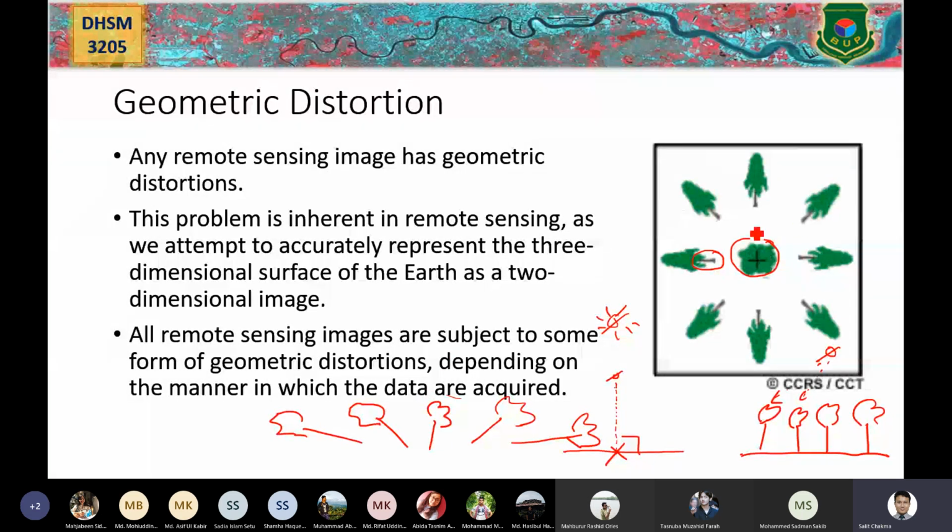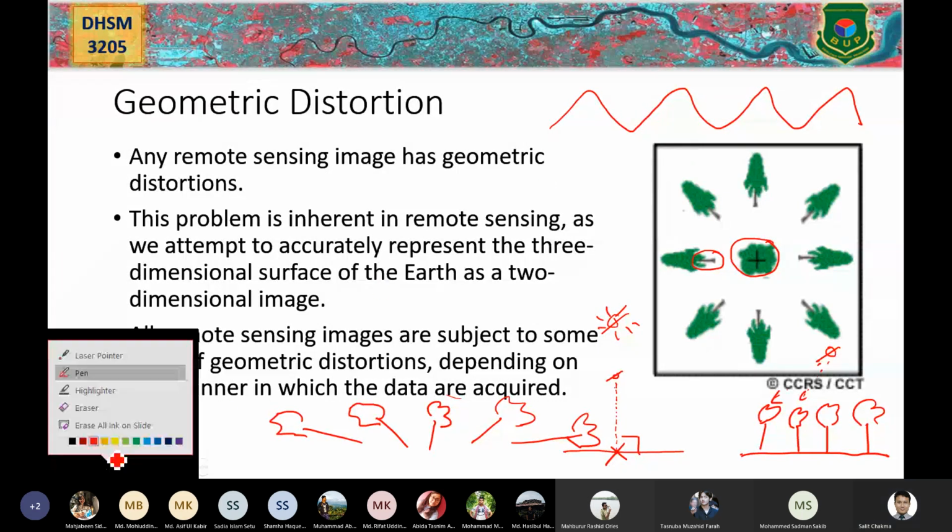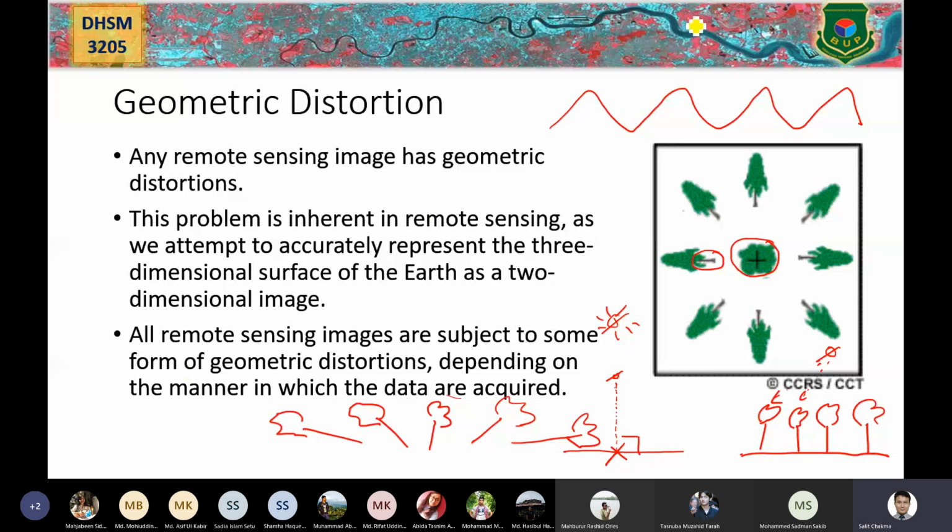It's because of the image, or the view, that we have. So that's why these trees feel like this. This happens not only with trees, but also with hills. For example, if this is a hilly region and your satellite is here, when you look at these hills they might feel like they are stretching, even longer, covering much more ground, because of their projection.